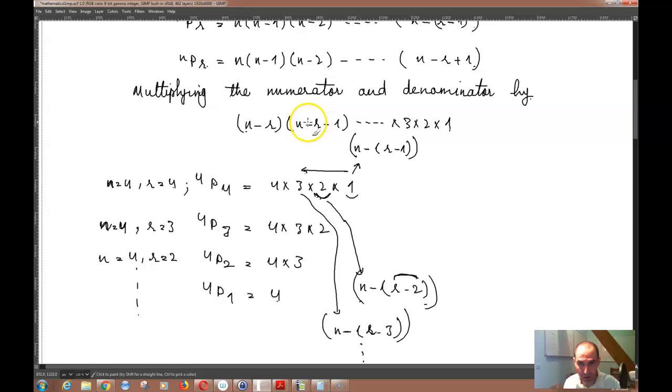And of course, as you get closer to 1, you have to add a 1 to r, which would be, for example, if you had n minus r here, and you were to add a 1 to r, you would get n minus r plus 1, which would be n minus r minus 1, which is this thing over here. So that's exactly what we have found, right?